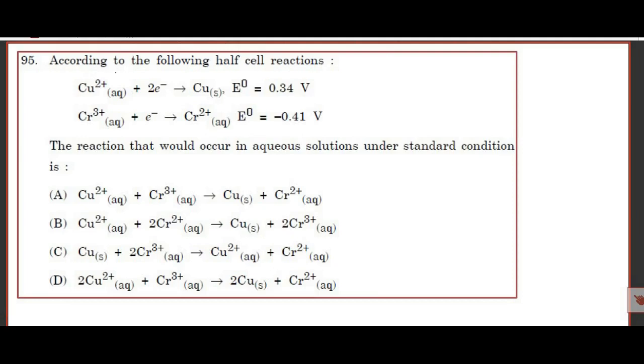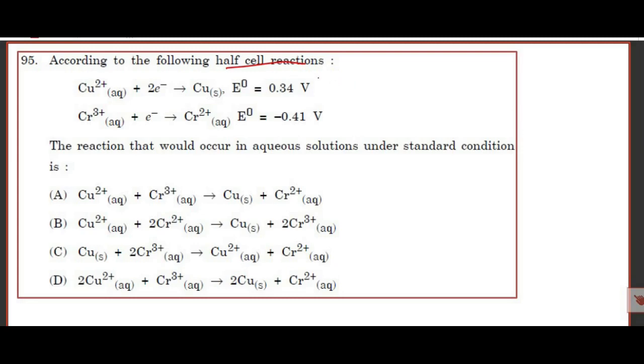Question number 95. According to the following half-cell reactions, two cell reactions are given. Here copper is reduced, Cu2 plus is reduced to copper, and E equal to 0.34 volt.